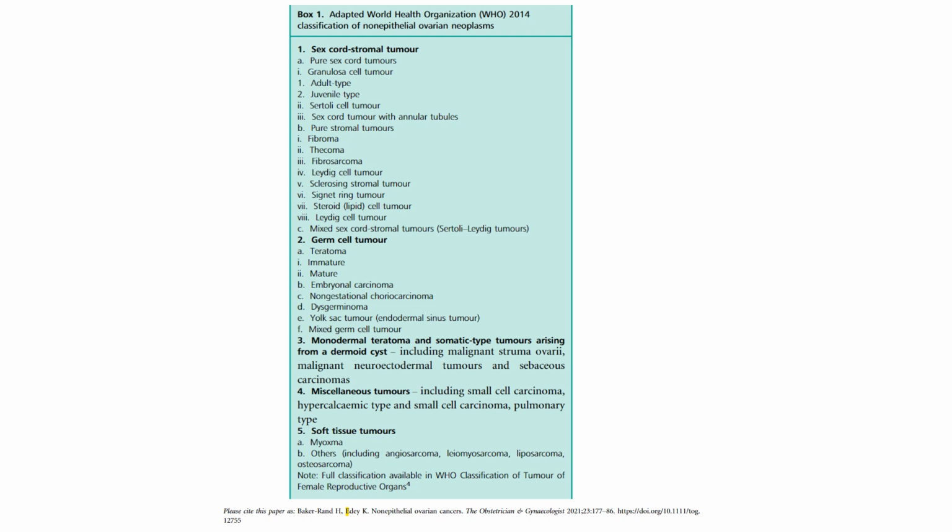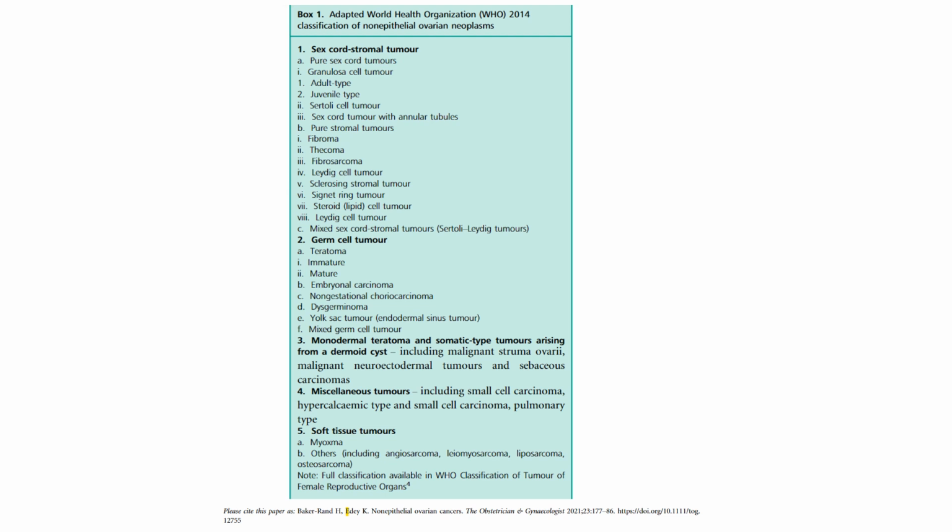Pure sex cord are granulosa cell tumor, adult type, juvenile type, Sertoli cell tumor, sex cord tumor with annular tubules, and then the pure stromal tumors are the fibromas, the thecomas, the fibrosarcomas, the Leydig cell tumors, the sclerosing stromal tumors, the signet ring tumors, the steroid lipid cell tumor, and then you've got the mixed, which is the Sertoli Leydig cell tumors.